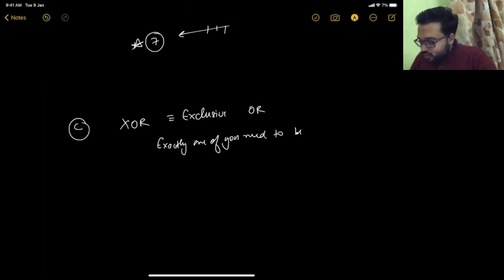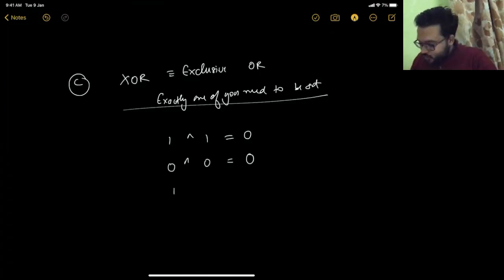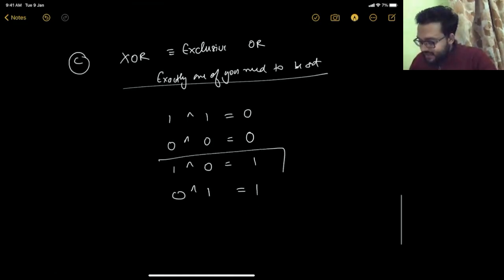Guys, is that clear? So what will XOR do? If you have both the bits as set, it will give you a 0. If you have both the bits as unset, it will give you 0. If you have any one of the bits as set, and that is exactly one of the bits set, only then it will give you a true. Is everybody with me?